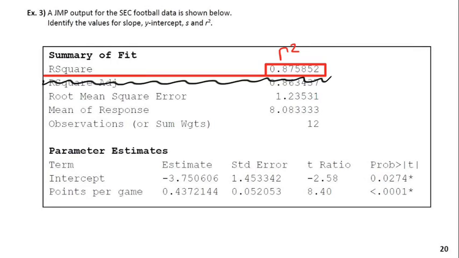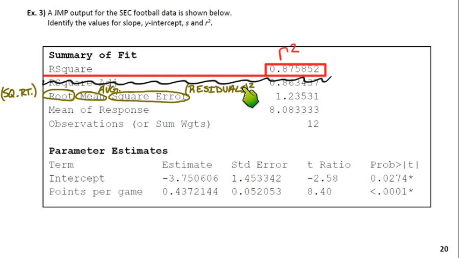But then if we look at the next item here, it says root mean square error. So if we think about that, root is referring to square root, mean is the average, and then square error is talking about the residual squared. Remember, the residual is sort of like our error when we make predictions.